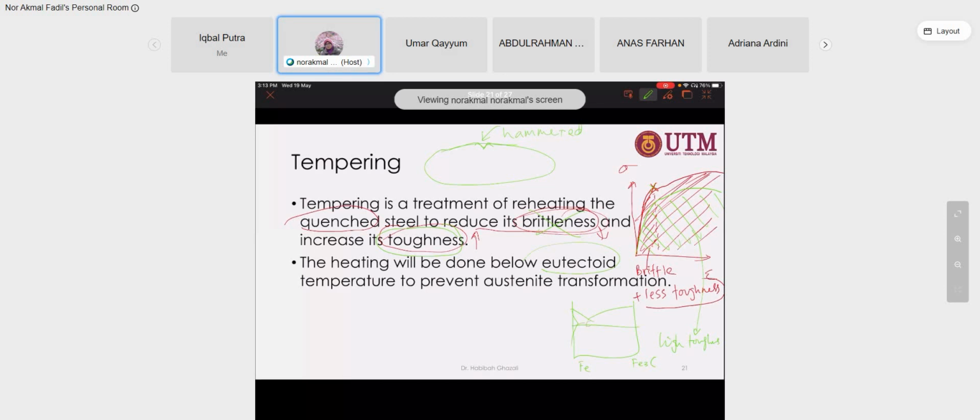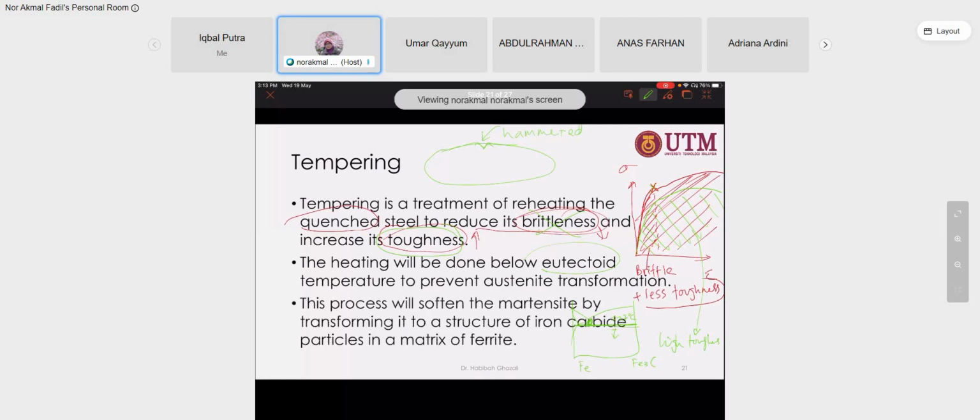So this is the point for the eutectoid temperature, and this is the line for the eutectoid temperature, which is 727 degrees Celsius. So for the tempering process, the temperature is below this temperature, meaning that there's no transformation into the austenite phase.